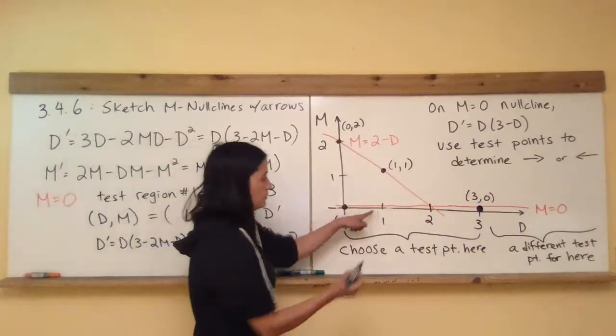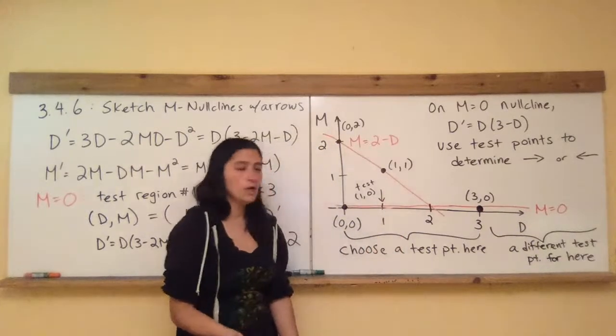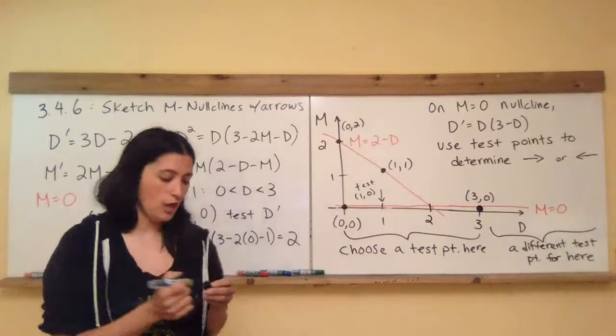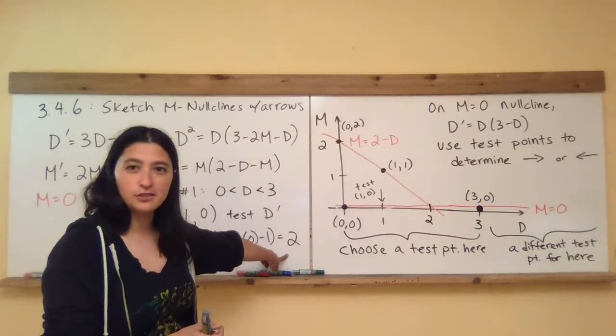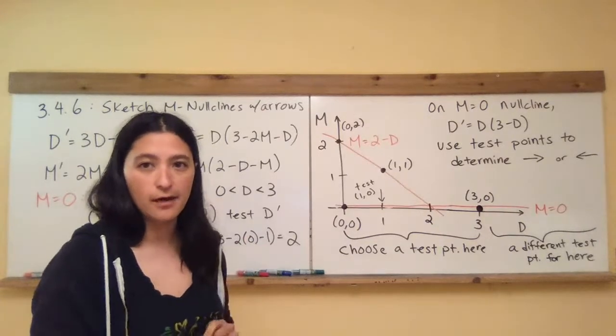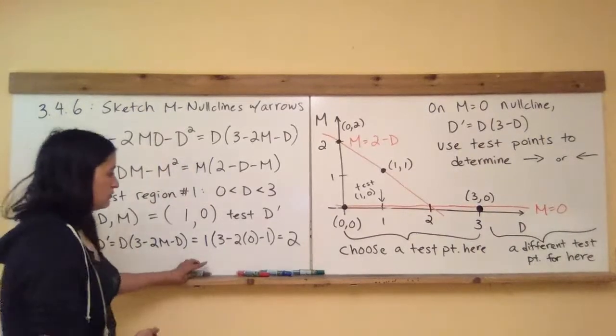Here's my test point right here. I'm going to test at 1, 0. I'm testing what the vector field looks like here. Because we got the value of 2 for d prime, should I draw a left pointing arrow or a right pointing arrow? What should I draw for my vector field?